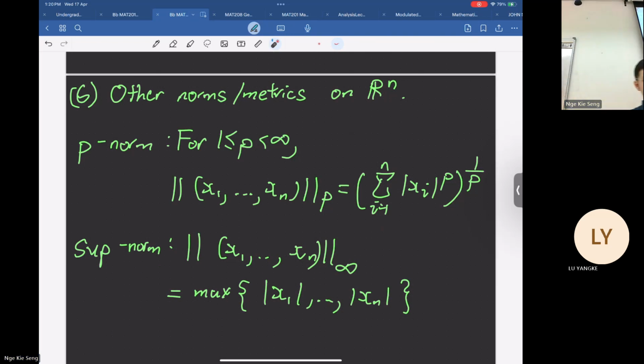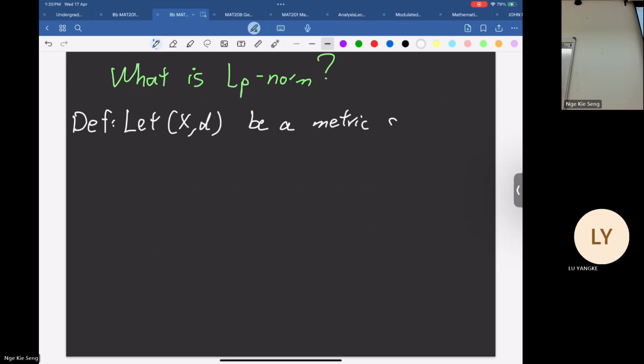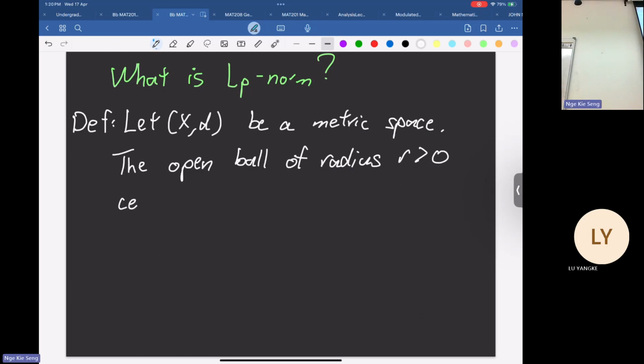And now we're going to define a ball. Definition: let (X, d) be a metric space. The open ball of radius r greater than 0, centered at x, is defined as follows.